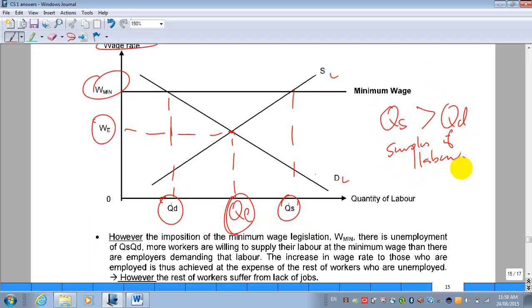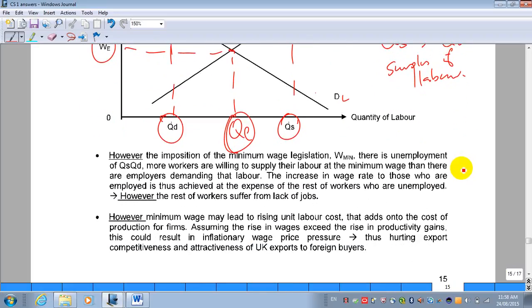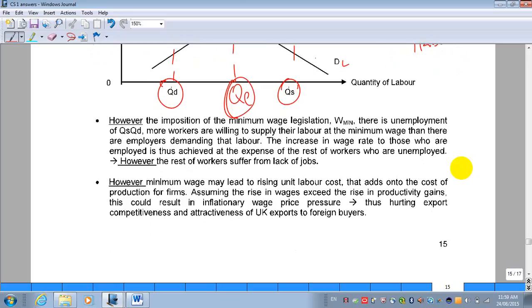So there definitely is unemployment, and this is actually what we call classical unemployment, right? Due to the imposition of a minimum wage, and this is a severe limitation of the policy.